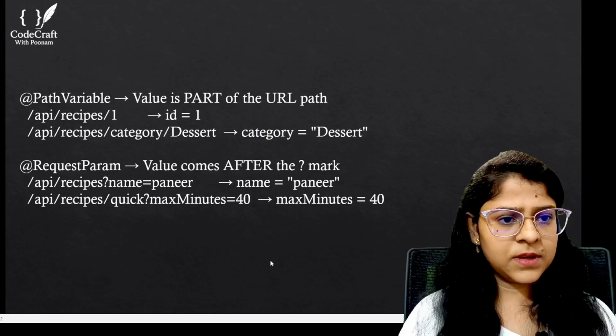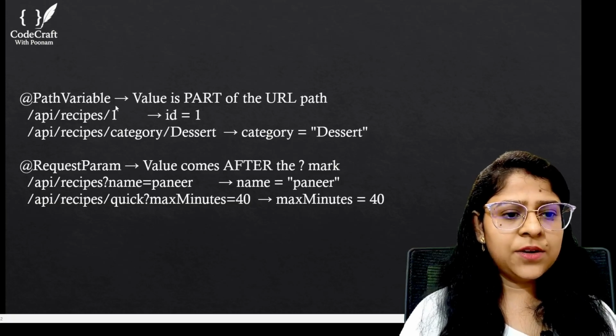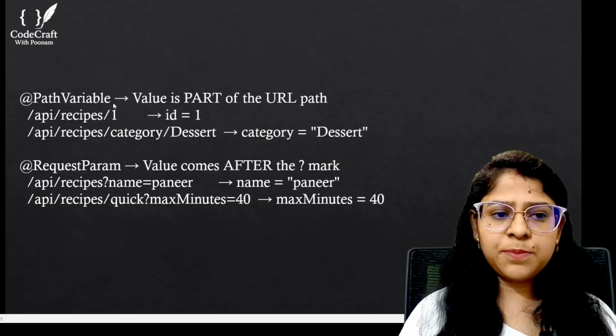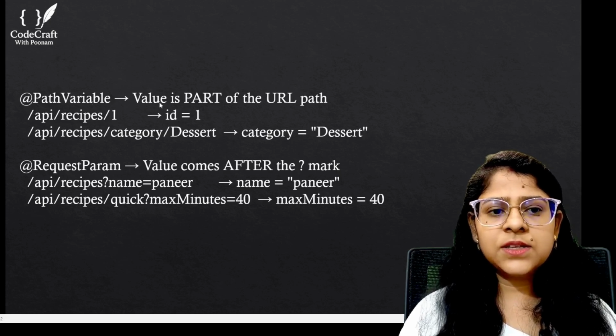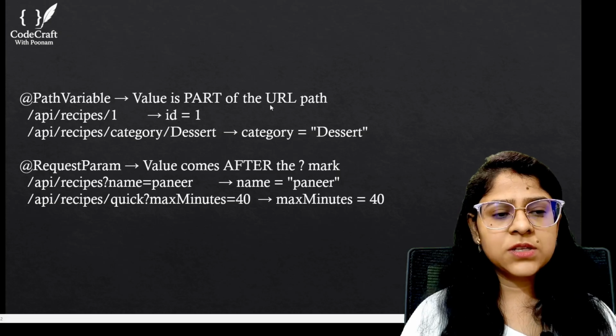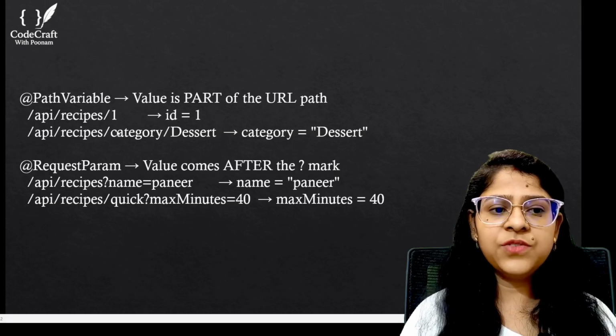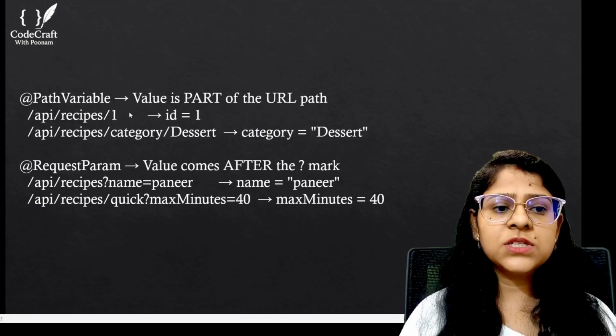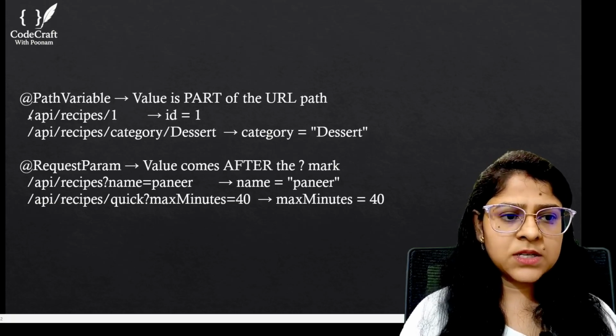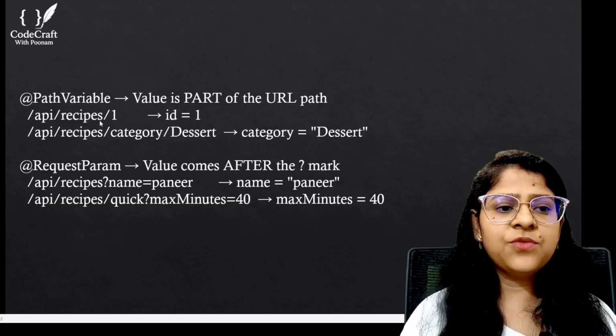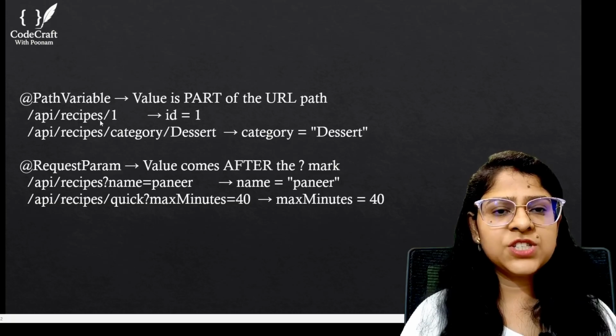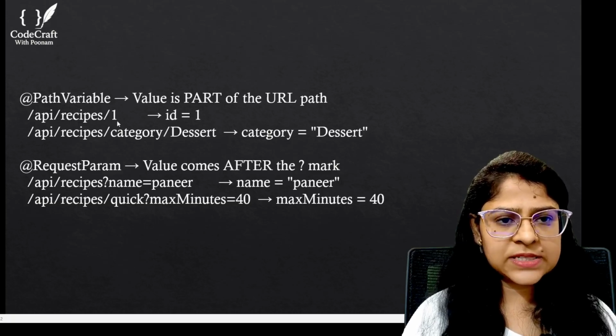Here you can see that we have @PathVariable. The value is part of the URL path. This is our base URL, slash API slash recipes, but here we are providing the path variable, which is nothing but the value, that is slash 1, which is our ID.